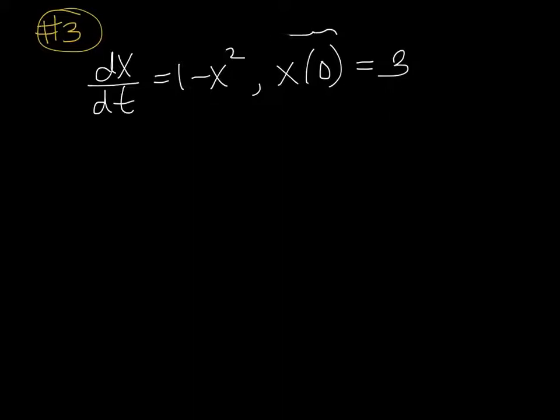This is really our x of t, or not the function, but we're going to find our solution x of t. It says separate variables and use partial fractions, that is the partial fraction decomposition that you learned in calculus, to solve the initial value problem.